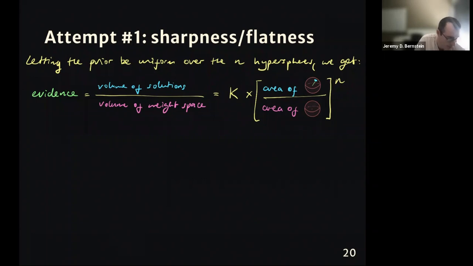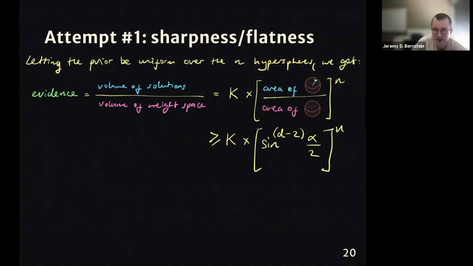And then there's a result from geometry which bounds the term in square brackets. The surface area of an alpha cap of a d-dimensional hypersphere, divided by the area of the sphere, is larger than or equal to sine of the angle alpha divided by 2, raised to the power of the dimension.